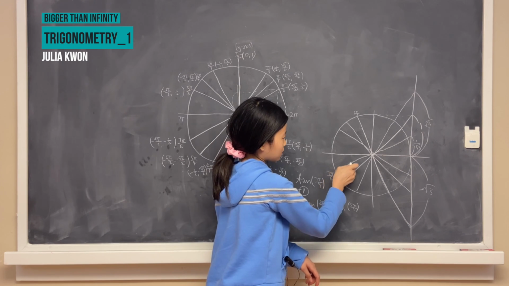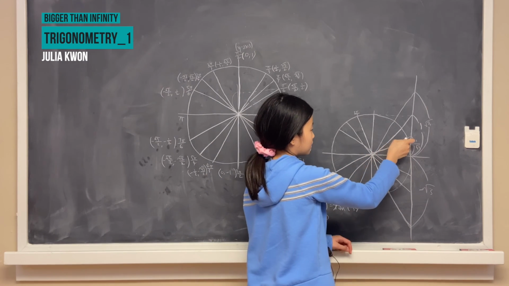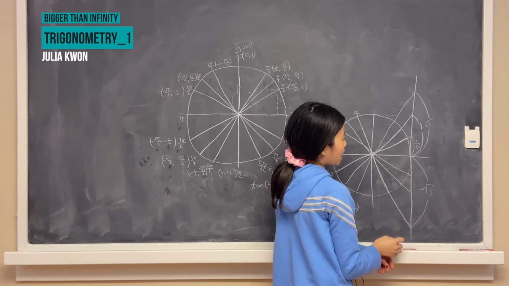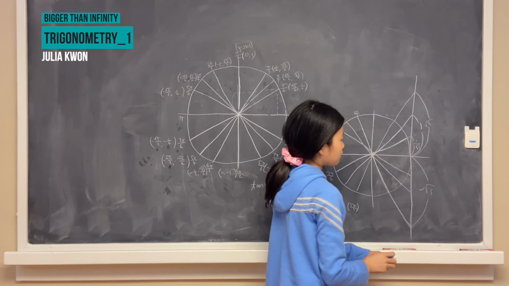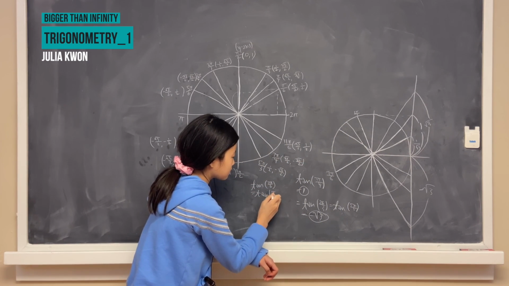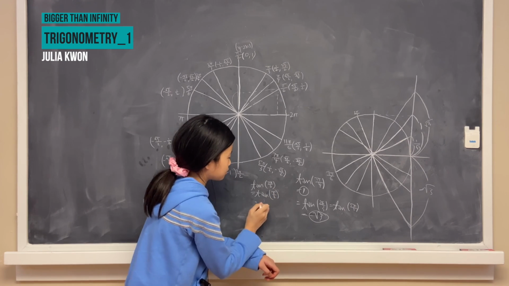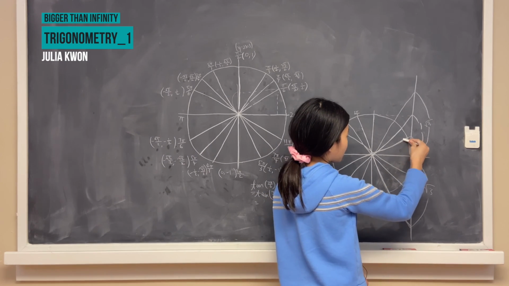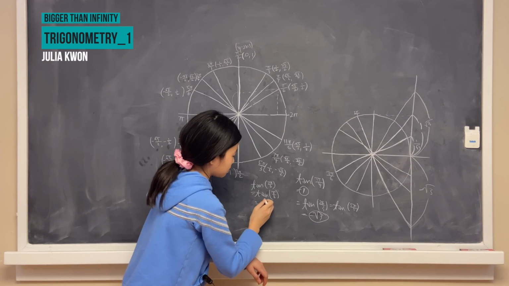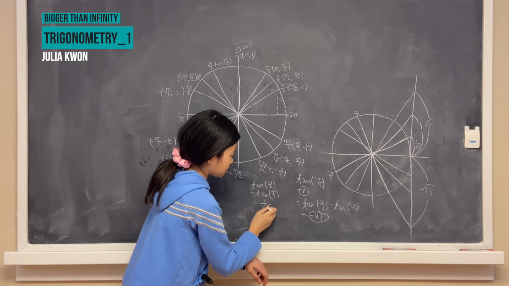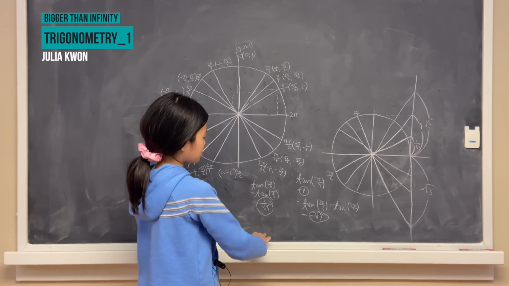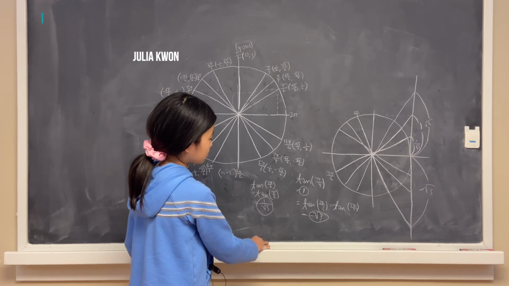And so if we just follow the line, we would get the angle of the radian pi over 6, and the value of tangent pi over 6 is equal to positive 1 over square root of 3. So positive 1 over square root of 3. And that's how you find the value of tangent 7 pi over 6.